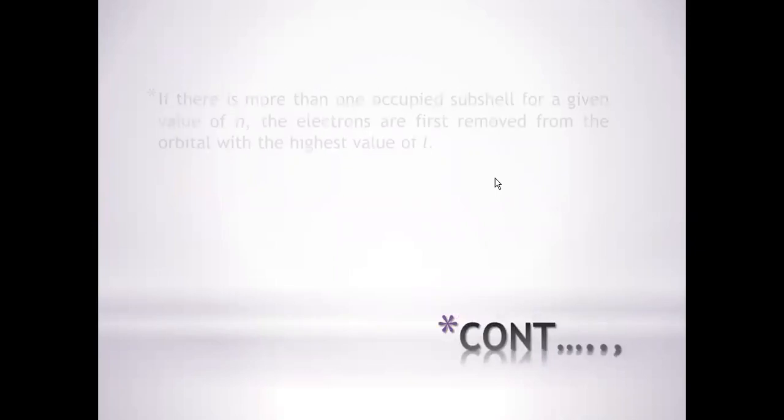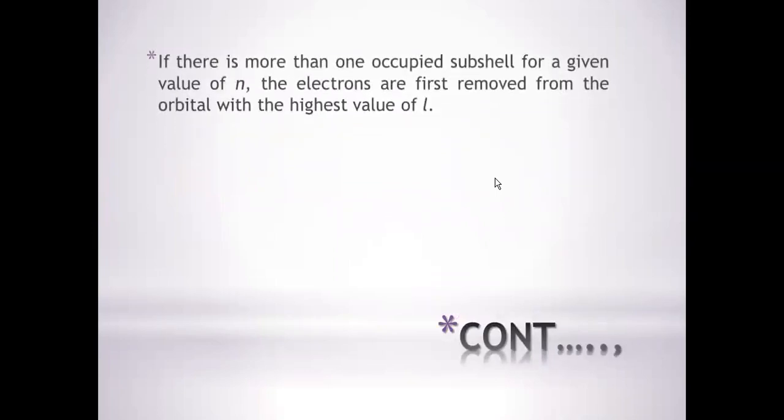Secondly, if the principal quantum number is similar, what would you do? If there is more than one occupied subshell for a given value of n, that could be s, p or d, the electrons are first removed from the orbital with the highest value of l.